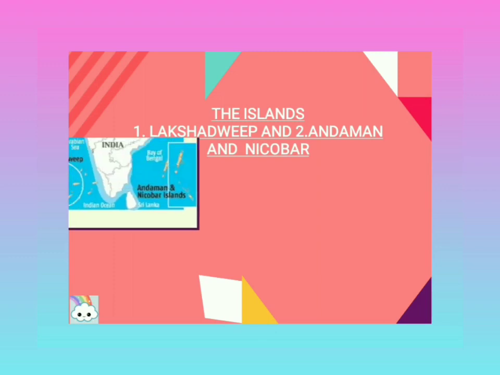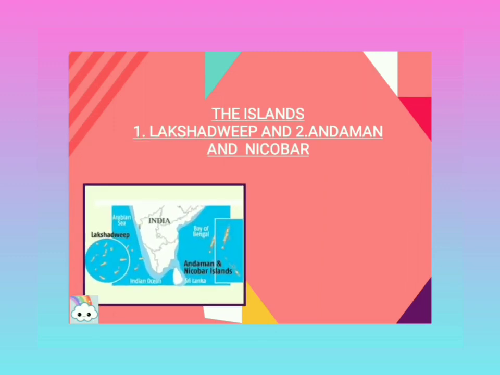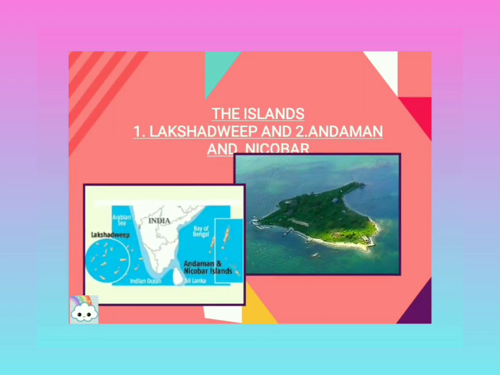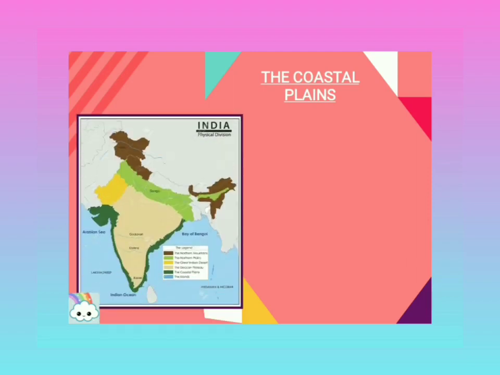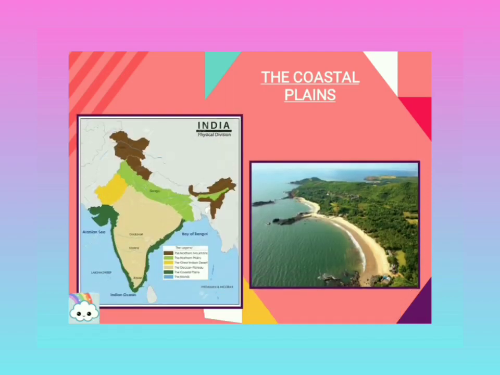The first one is Andaman and Nicobar, which are located in the Bay of Bengal. And the second one is Lakshadweep Islands. They are located in the Arabian Sea. Then come the coastal plains. In India, we have two coastal plains, Eastern Coastal Plains and Western Coastal Plains.